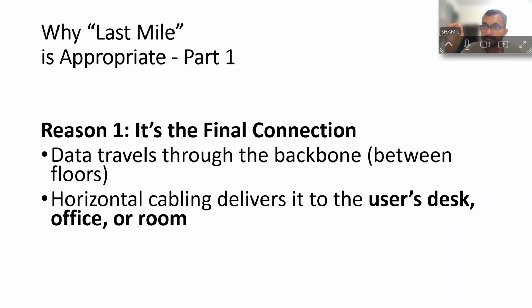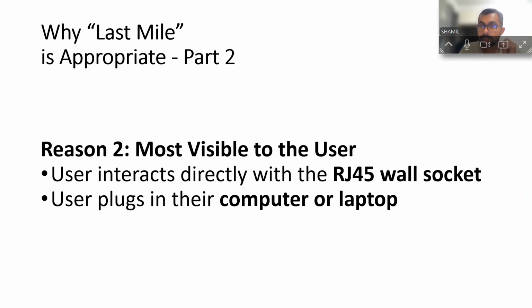As said earlier, it is a connection from the network to the user. That's why it is called the last mile connection. The second one is, it's most visible to the user. The user directly interacts with the horizontal cabling through the RJ45 outlet, and they can connect their phone, laptop or computer to that outlet.